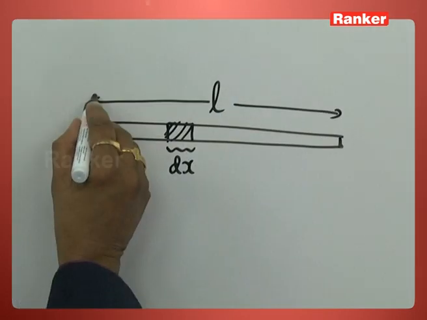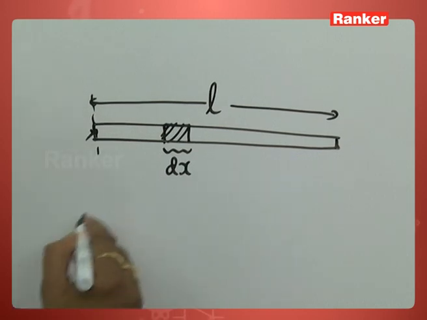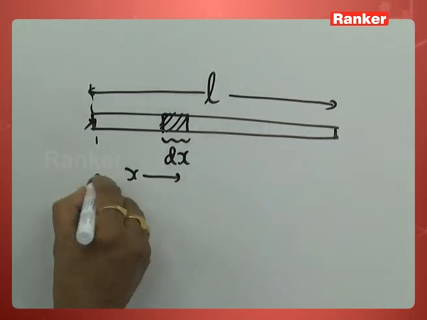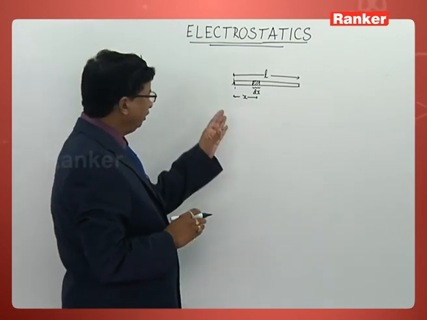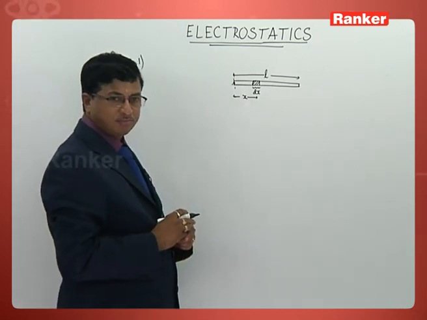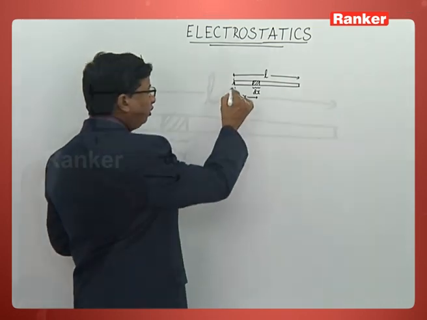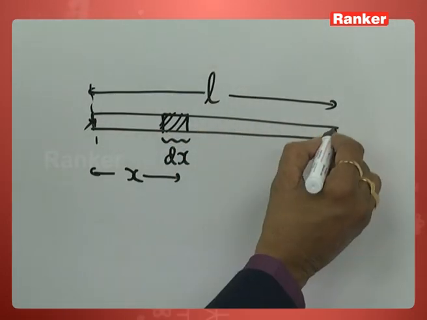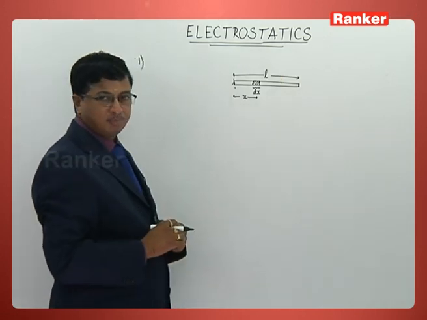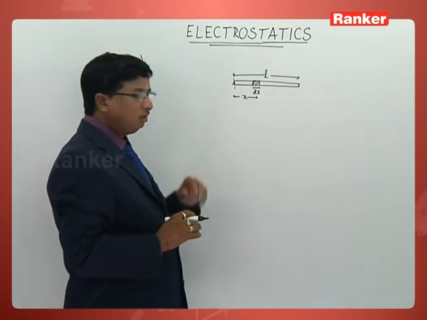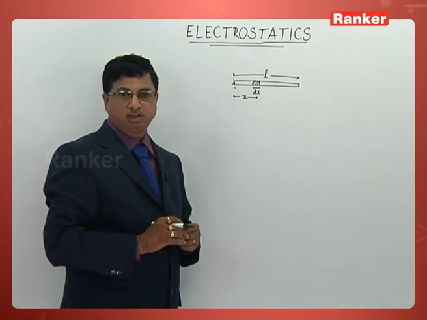If I consider this end to be the origin, the distance to this element I take as x. And the total length to the other end of this rod becomes L.